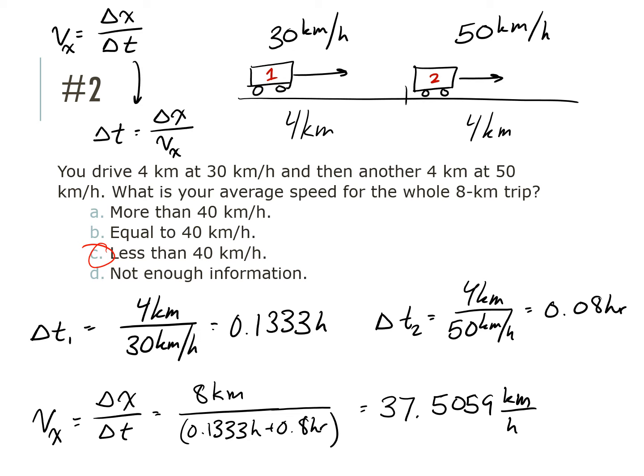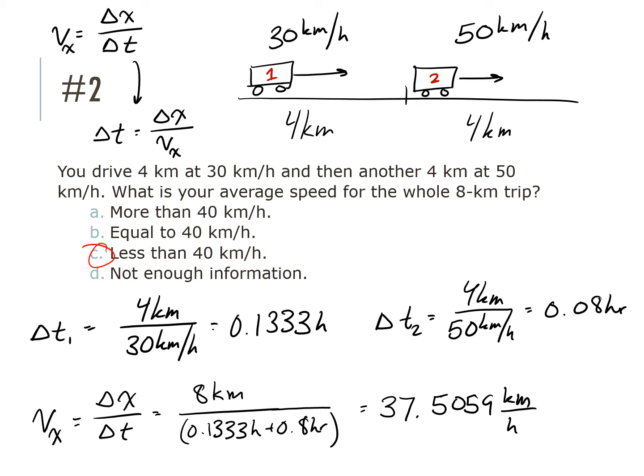So there's a couple of things we need to think about when doing this question. First off, we can't just add our two velocities together and divide by 2. The reason we can't use that in this case is we don't know how the acceleration works out.